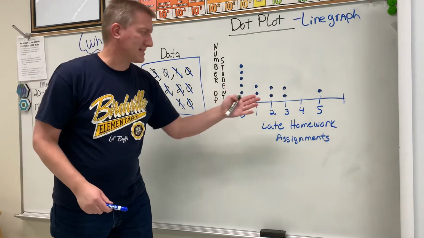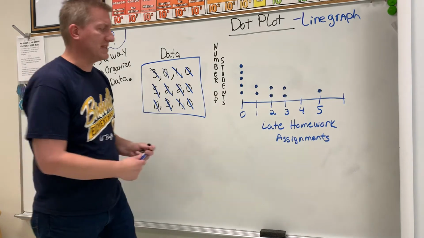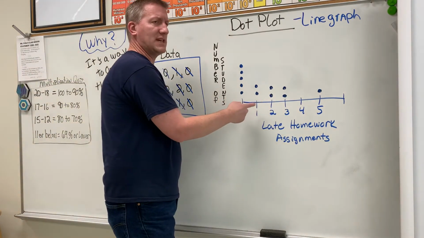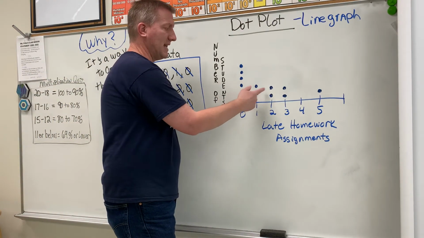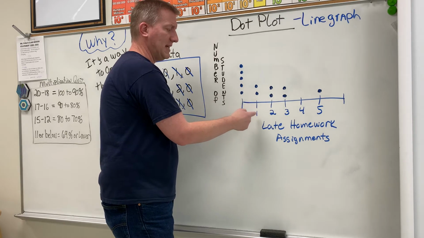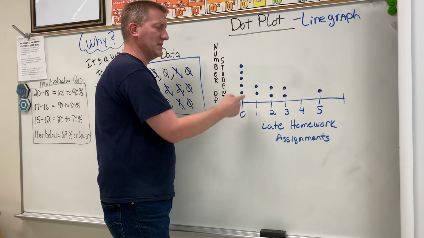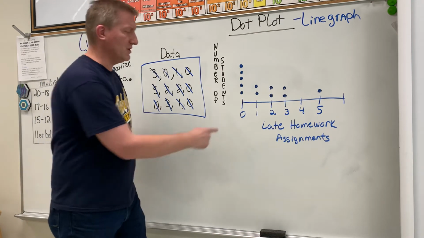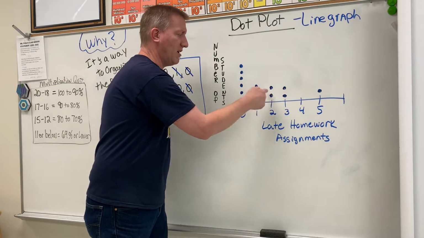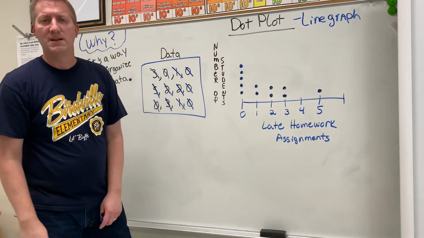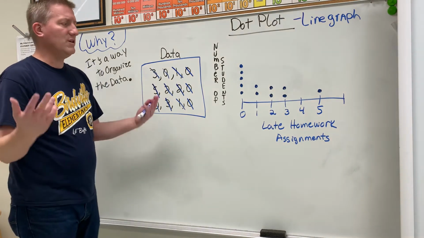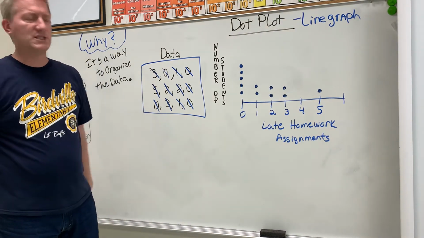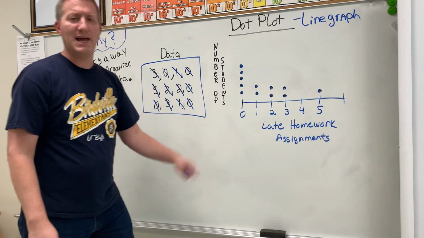And you can ask different questions about it. You can say, how many late homework assignments have the same number of students, and you would say 1, 2, and 3 all have 2 students. Okay, and you can do a lot of different questions. You can say how many people were in the class.